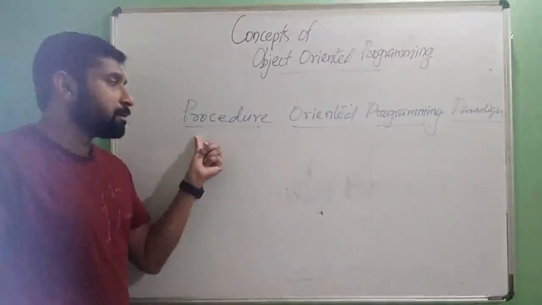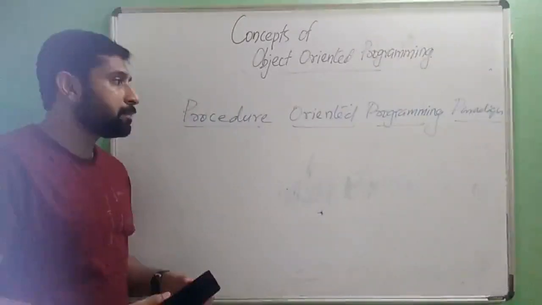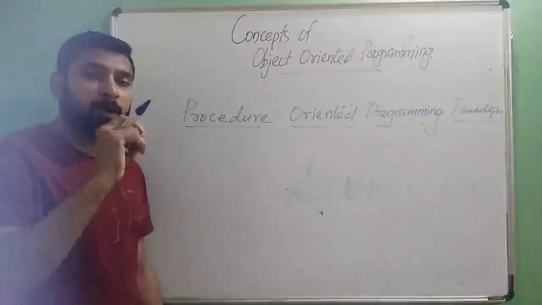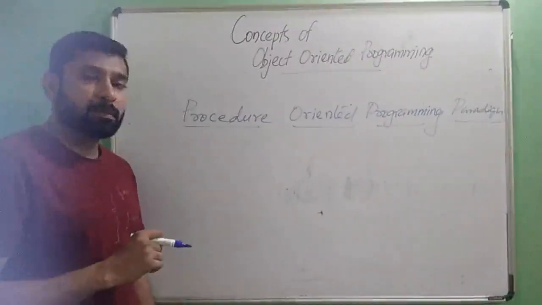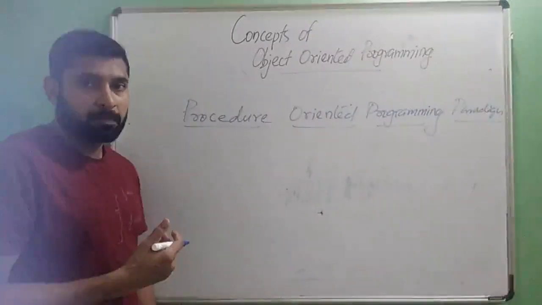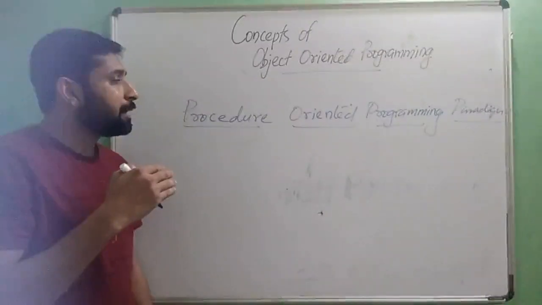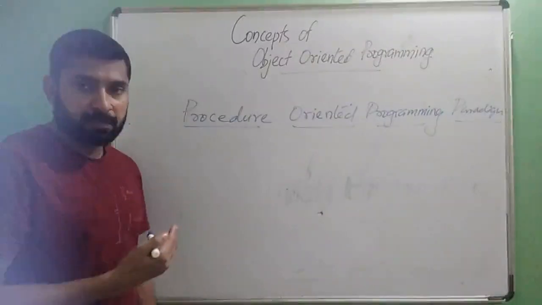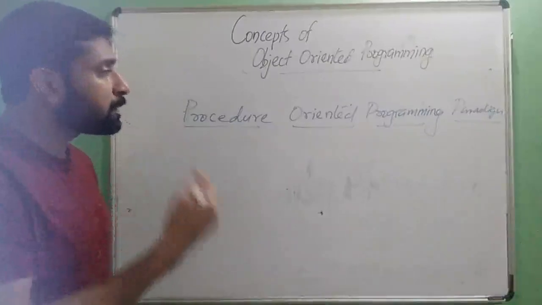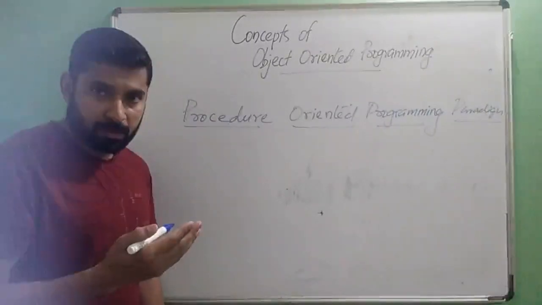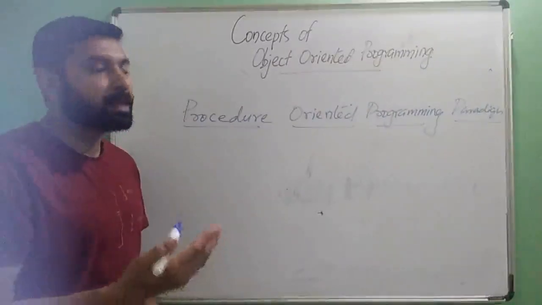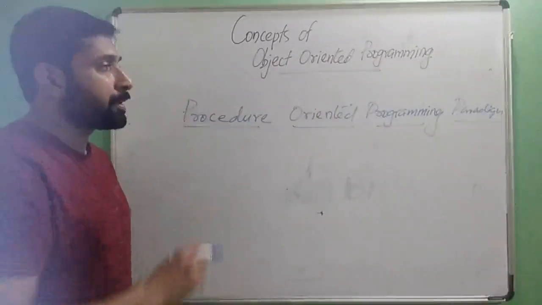In this programming paradigm, this is the previously used one. Importance is given to the steps involved in the program, which means it deals with how the problem is to be solved, not taking care of the data, its security, etc. Let us see the points one by one.